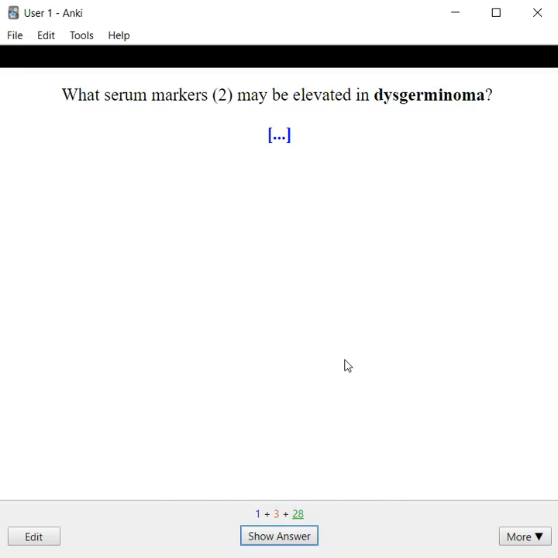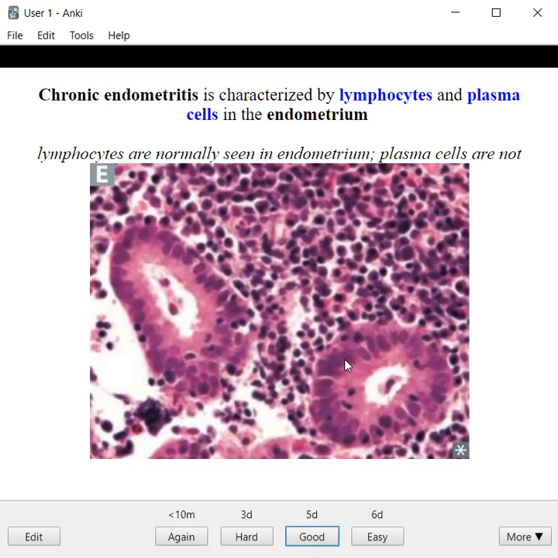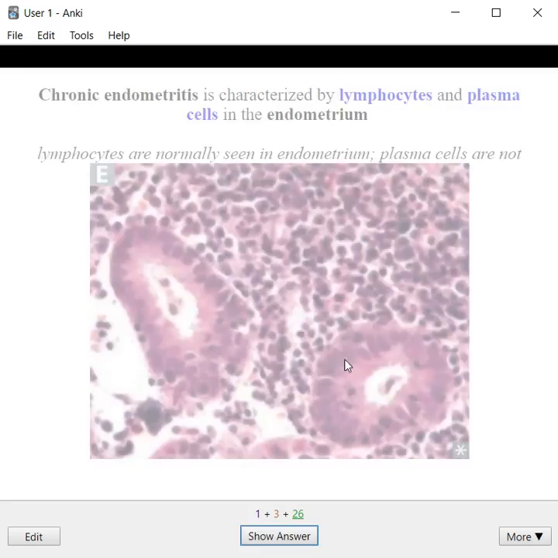What serum markers may be elevated in dysgerminoma? LDH and HCG. Chronic endometritis is characterized by what and what in the endometrium? It's characterized by lymphocytes and plasma cells in the endometrium. Remember, lymphocytes are normally seen in the endometrium. Plasma cells are not.